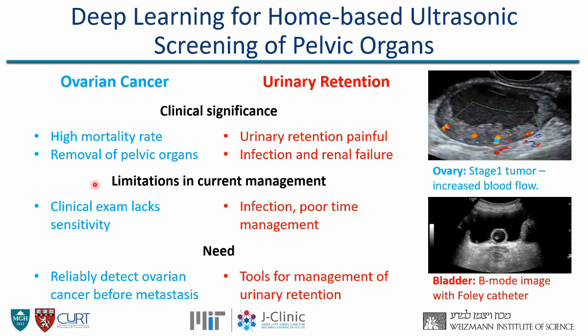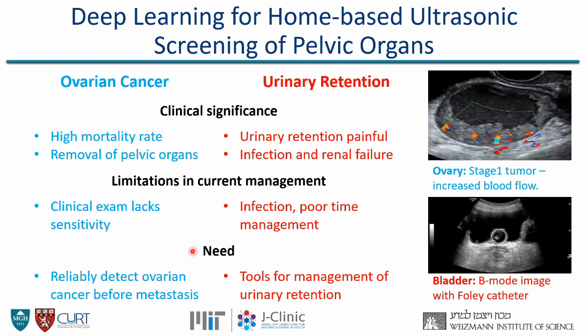There are limitations in current management for ovarian cancer. Clinical exams lack sensitivity due to the aggressive nature of the cancer. And urinary retention faces the challenges of excessive catheterization, which leads to urinary tract infection and poor time management of the patients and the nurses.